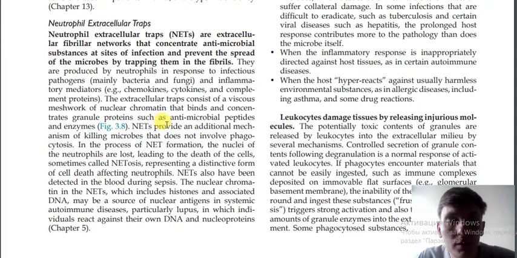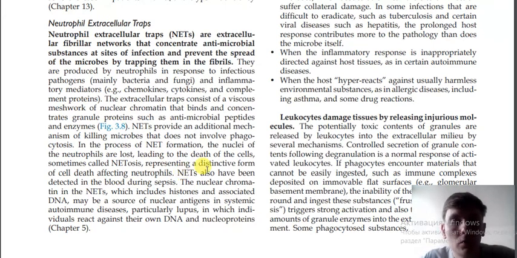Neutrophil extracellular traps provide an additional mechanism of killing microbes that does not involve phagocytosis. In the process of neutrophil extracellular trap formation, the nuclei of the neutrophils are lost, leading to the death of the cells, sometimes called NETosis, representing a distinctive form of cell death affecting neutrophils.